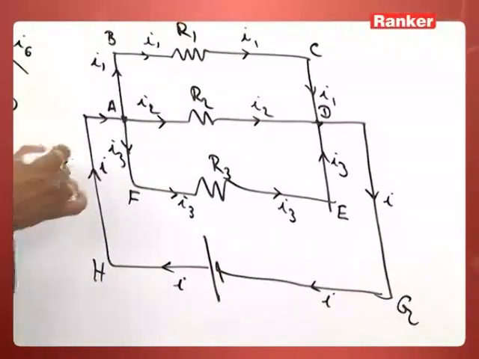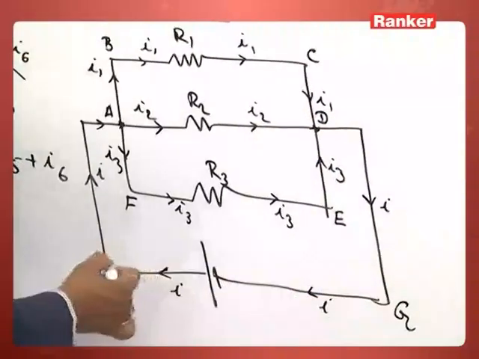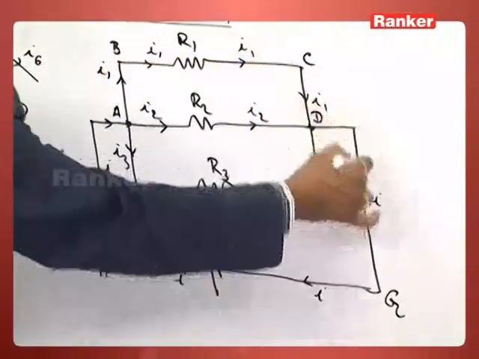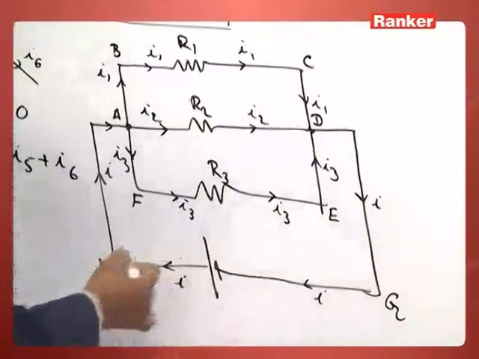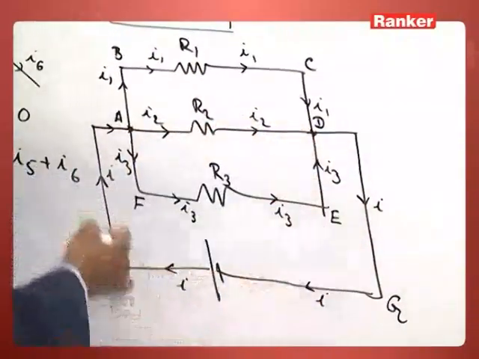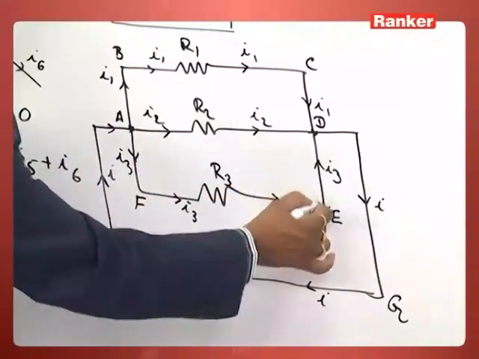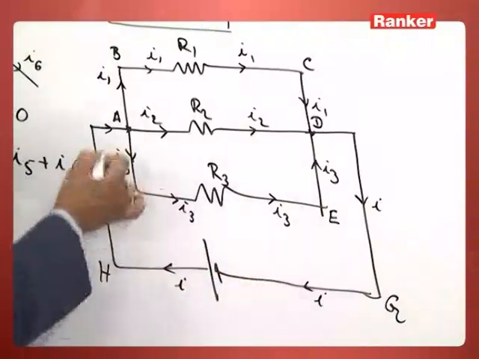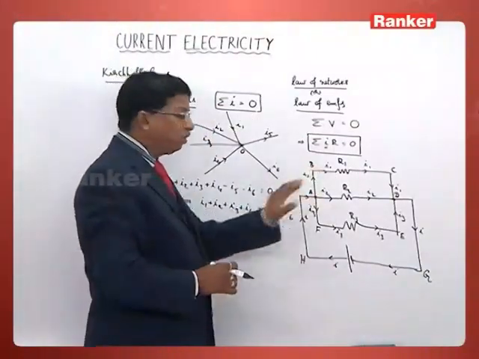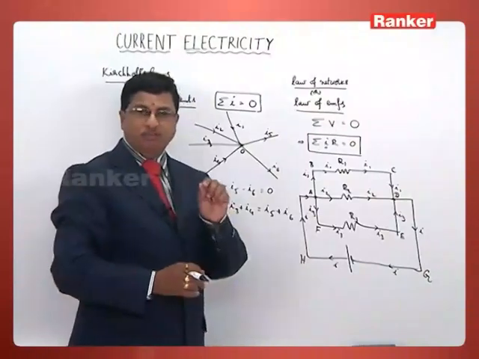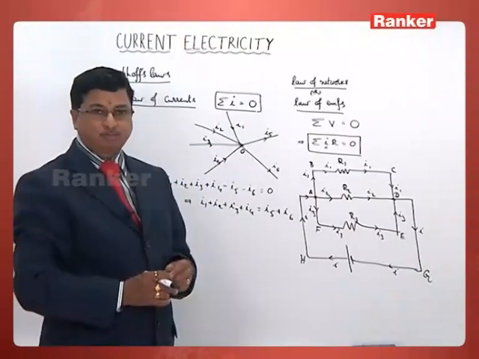If I take A, B, C, D, G, H, A, this is one network. A, D, G, H, A, that is another network. Similarly, A, F, E, D, G, H, A, that is another network. So totally if you count them, around 6 closed networks we find in the circuit.